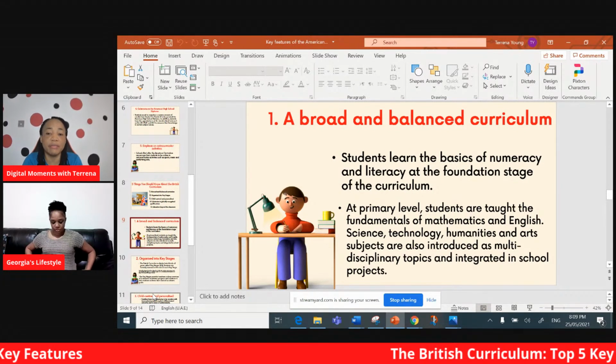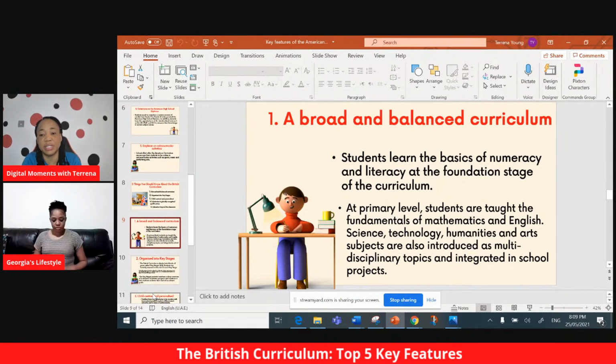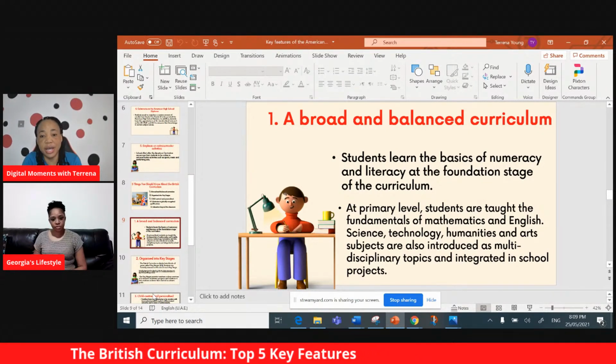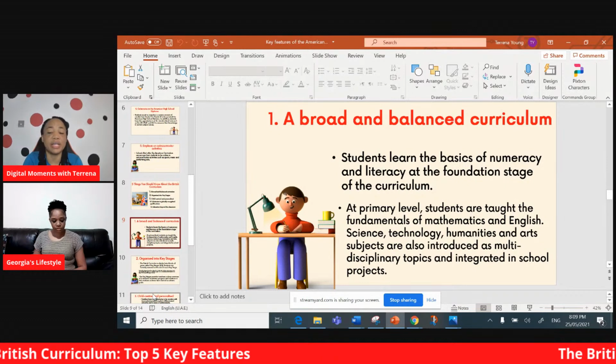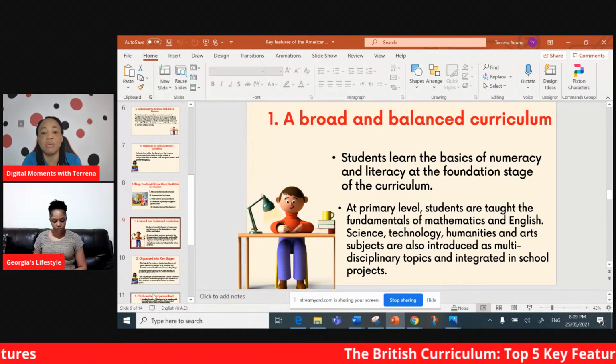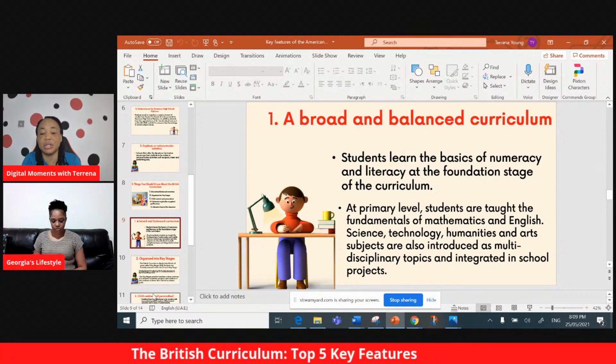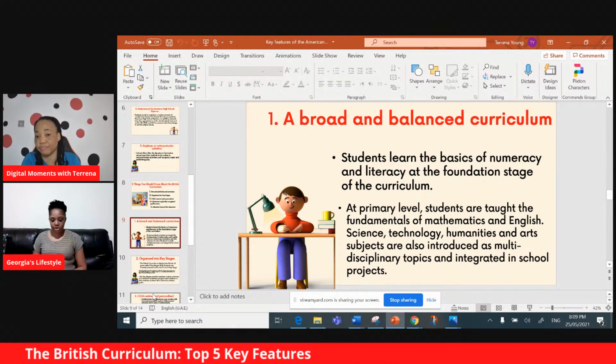At primary level, students are taught the fundamentals of mathematics and English. Science, technology, humanities, and arts subjects are also introduced as multidisciplinary topics and integrated in school projects.